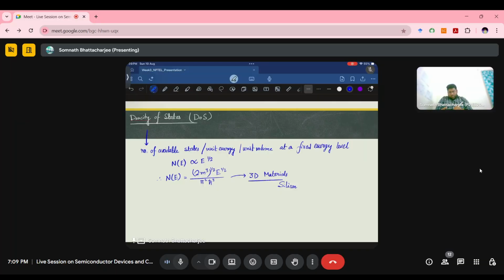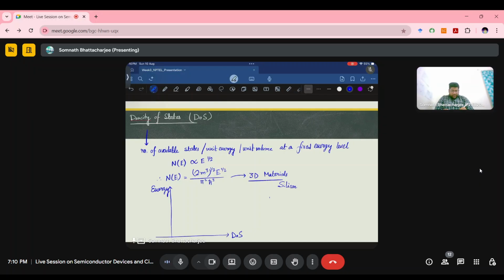Now, to understand this kind of density of states, so this is energy, while let's say it's DOS. Now, if we want to plot this function for 3D materials, there are three different ranges of this energy.